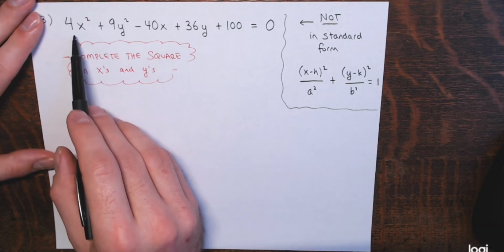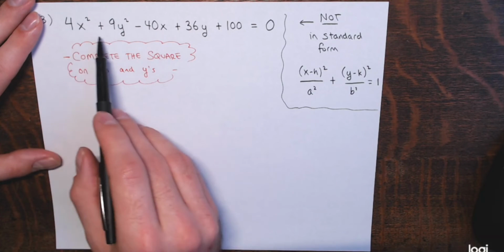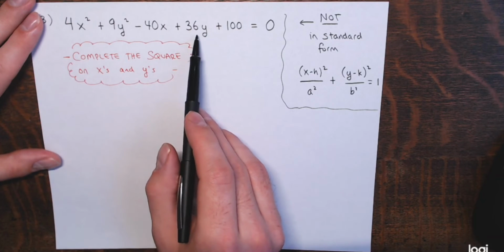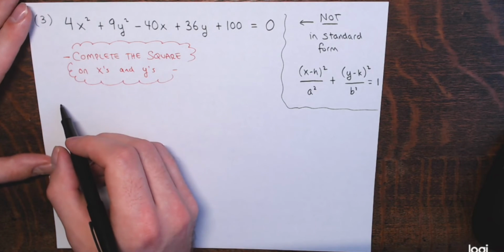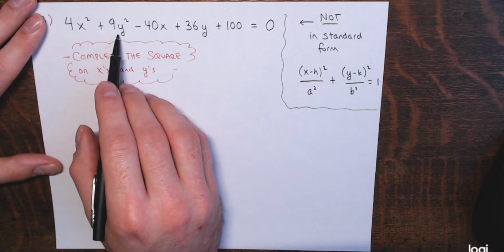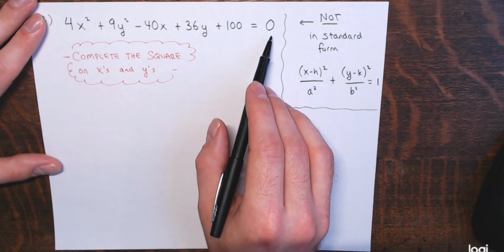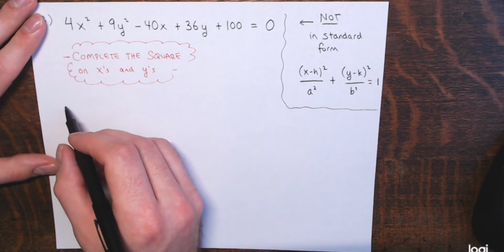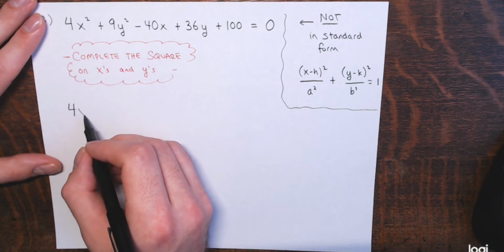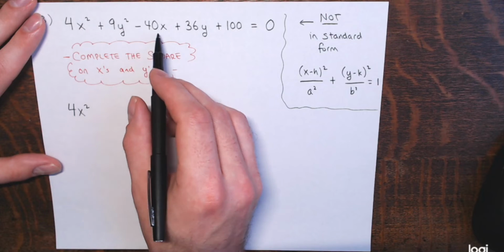So first I want to group the terms with x together and the terms with y together on the same side. So here we have 4x squared plus 9y squared minus 40x plus 36y plus 100 equals 0. I'm going to put the x squared terms next to each other first. So 4x squared minus 40x.